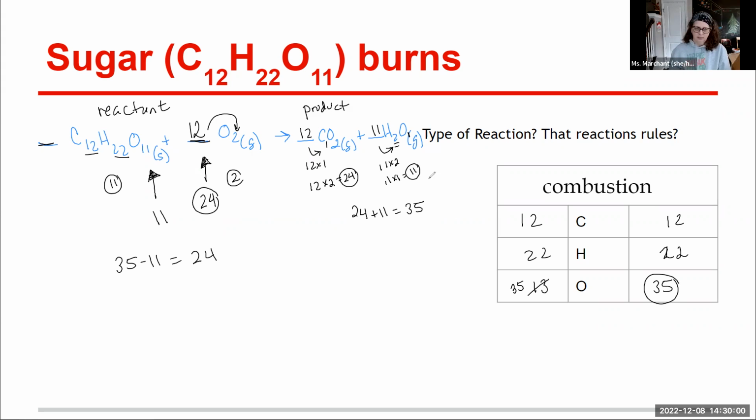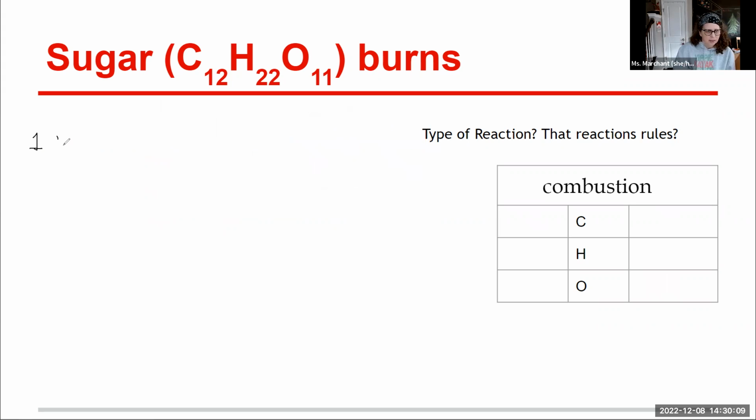So let's double check, because sometimes I have issues. 1, 12, 12, 11. 1, 12, H, 22, O, 11. Plus 12 oxygens. Plus 12 carbon dioxides and 11 waters.